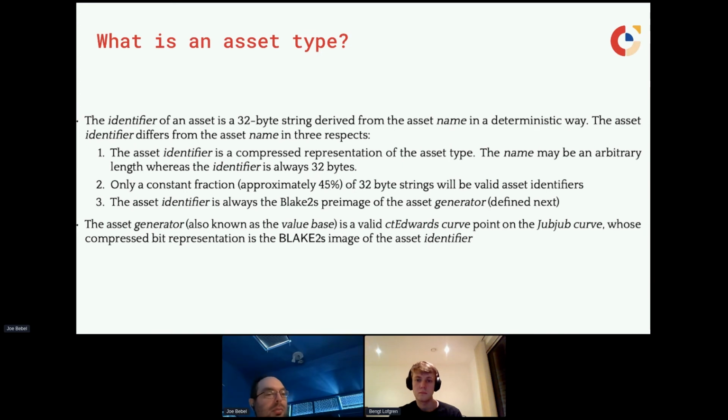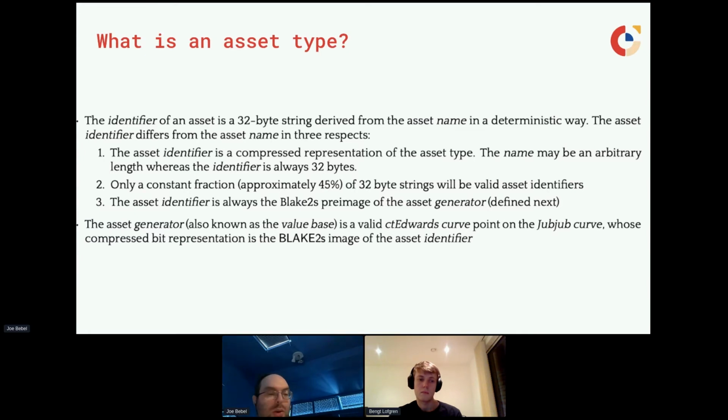And also, by restricting that the hash always has to work. So not every output of a Blake 2s hash is a valid curve point on the Jubjub curve. And so this is why not every asset identifier is going to work. Some asset identifiers are just not valid, because when you take the Blake 2s hash of them, you don't get a good asset generator.